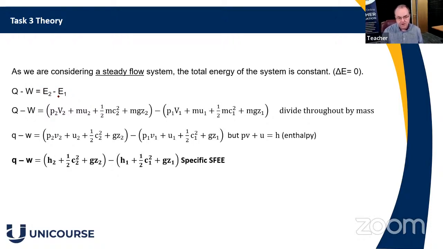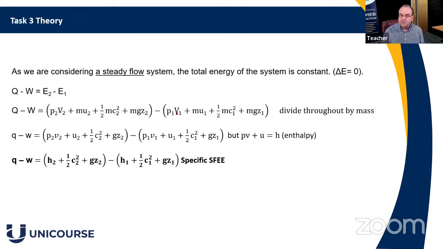But we already know that the fluid entering and leaving contains a number of different types of energy components, so we'll note those down. So Q minus W. The energy leaving is the pressure energy, P2V2, plus its internal energy, U2, times its mass, plus the kinetic energy, plus the potential energy.